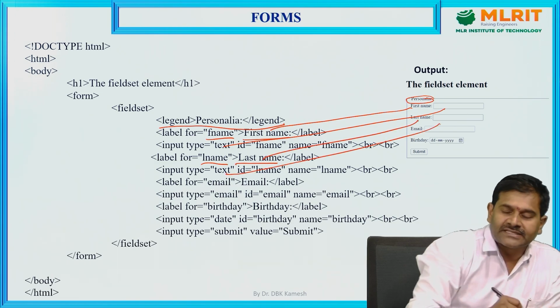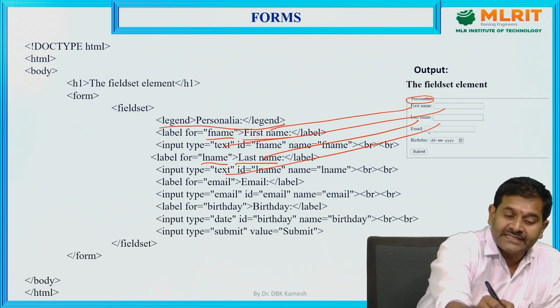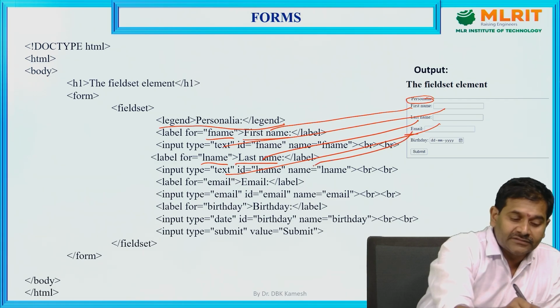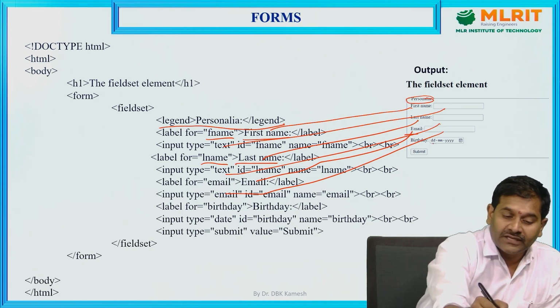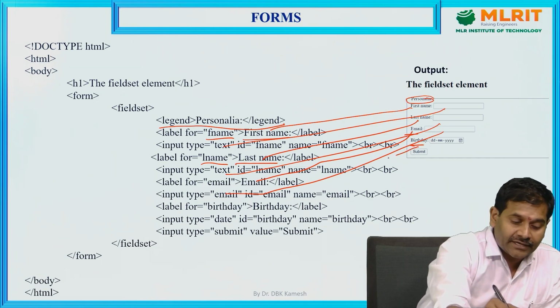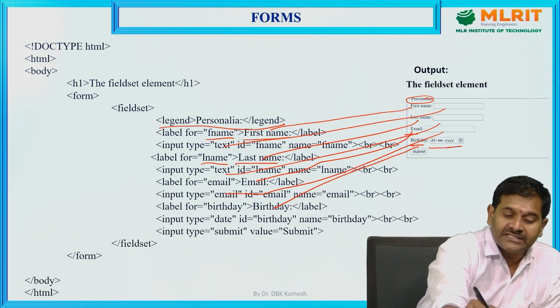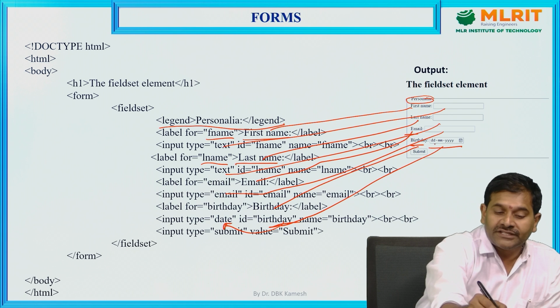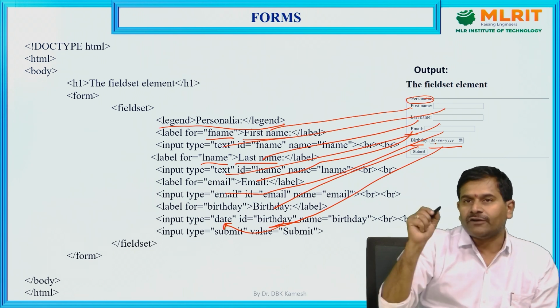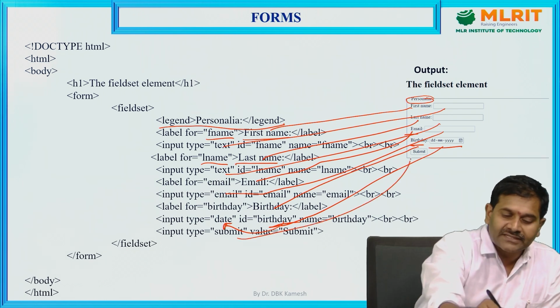Then the next one is email, and this is called the email box. The next one is birthday, right? Birthday, and this is the date format, showing DDMMYY. The last one is the submit button.